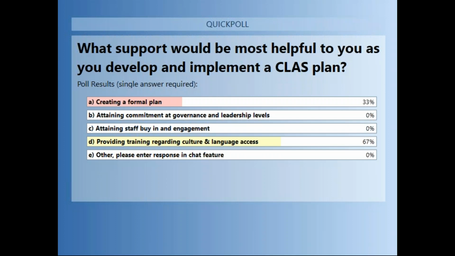Okay, I think the poll results are in, right? So 67% share that providing training regarding culture and language access would be the most helpful.